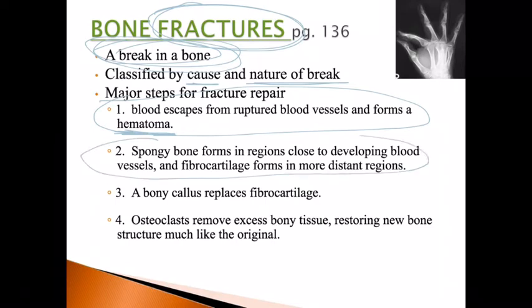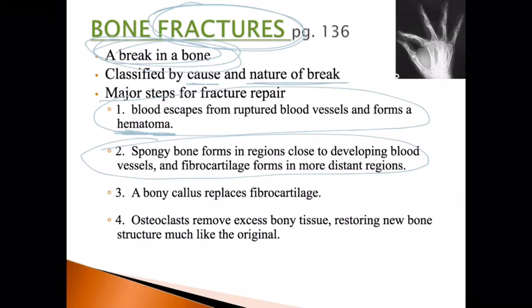Then spongy bone is going to form in the regions close to the developing vessels, and fibrocartilage forms in distant regions. So basically, the spongy bone is going to start to form to reconstruct. Then a bony callus is going to replace the fibrocartilage. So the cartilage is going to be soft, and then finally it's going to get a bony callus, which is going to be a little bit harder.